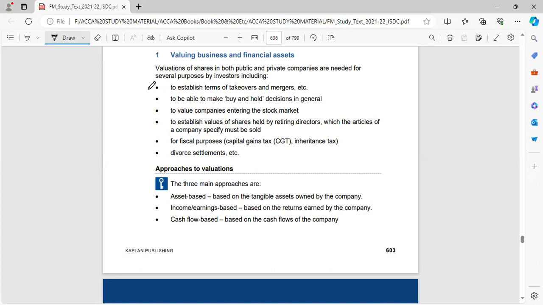we want to take over a company or merge ourselves with another organization, then definitely we will calculate the market value of the business. Because you want to do what?